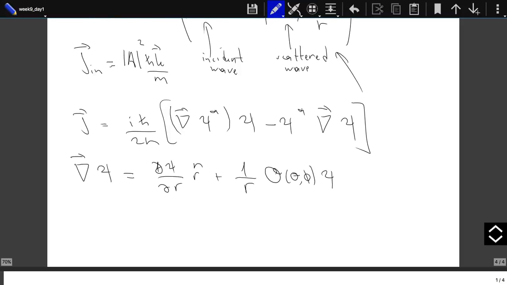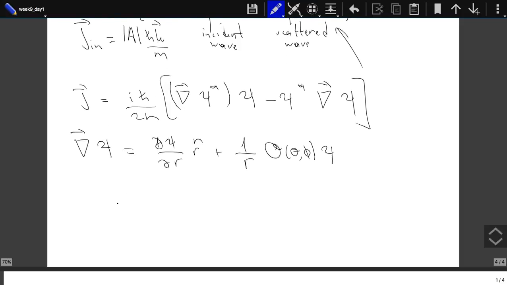Because eventually what I will need is J scattered times r_d squared, the distance of my detector squared. But assume that the detector is very, very far away. For example, in the scatterings that we study at the LHC, the particles are interacting at distances of the order of 10 to the power minus 8, minus 9 meters, whereas the nearest detector is further than 1 millimeter. So the distance of the detector is practically infinite.